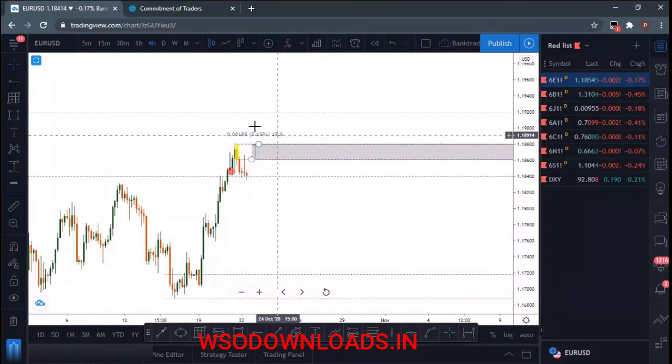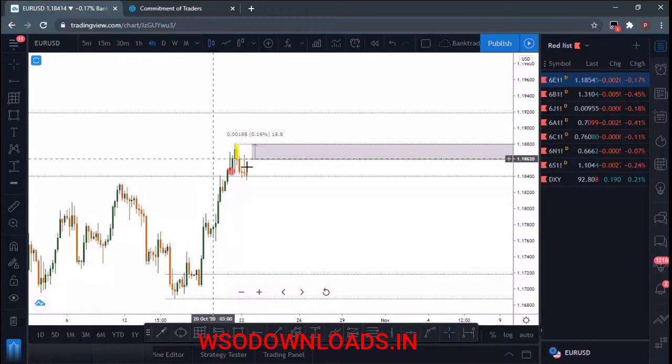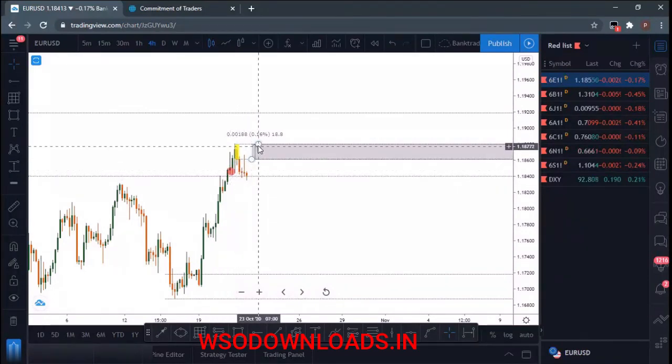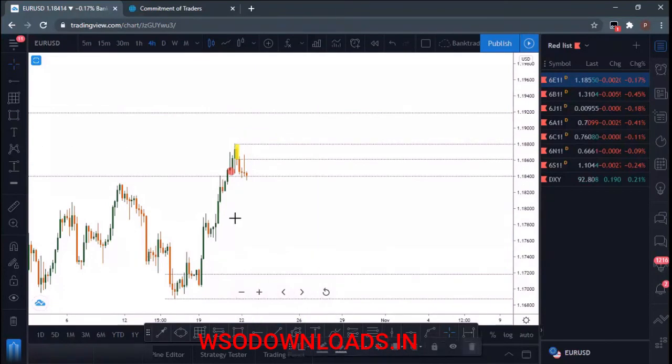Here it's 18.8, which is very small, so you can take trades there. It's not wrong to use the 4-hour as your entry. It's just that most of the time, the 4-hour will have many pips on the order block, like 40 or more, or even 50. So you can take trades there if the pips are less than 30.